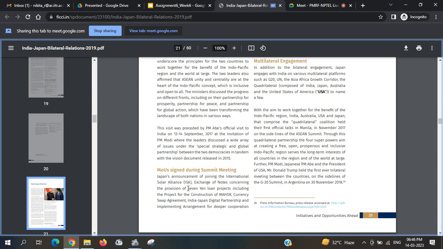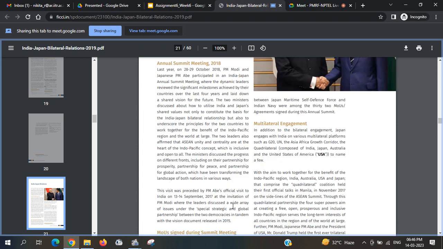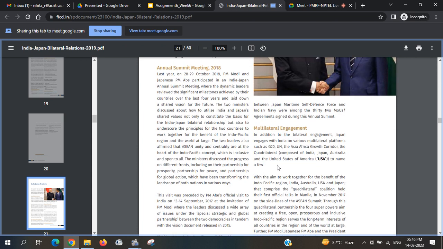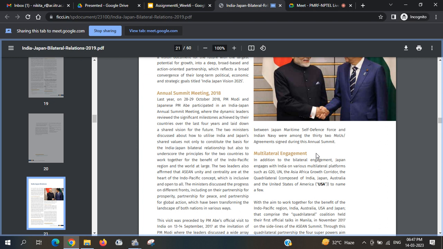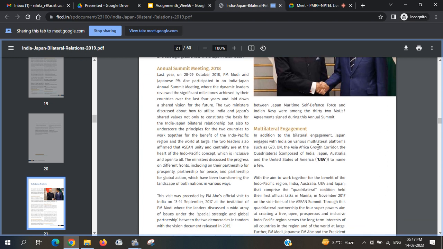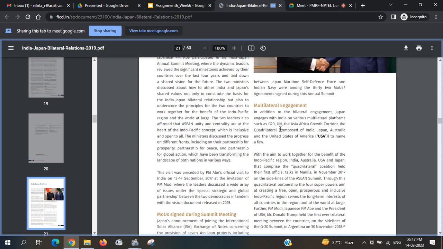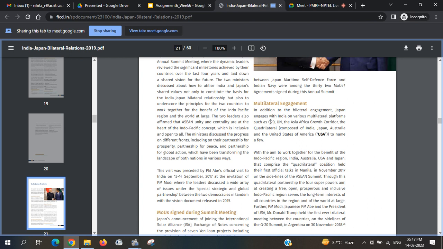Then about 7 yen loan projects for some construction project. Then currency swap agreement. Then there is India-Japan digital partnership, which exists for implementing arrangement for deeper cooperation between maritime self-defense force and other MOUs. Then it also provides details for multilateral engagement of the countries.